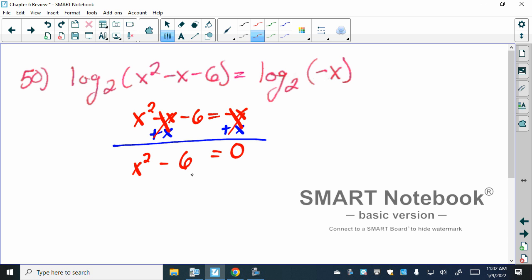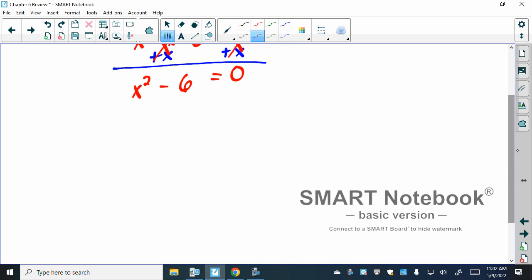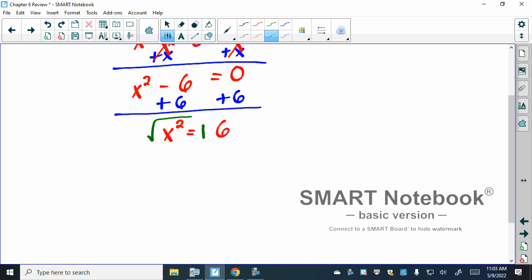So it works out that our x term actually became 0 on both sides. Well, since we don't have a middle term anymore, we can use the square root method, which means I can add 6 to both sides, telling me x squared is equal to 6. And then we would square root both sides. So x is equal to plus or minus the square root of 6.